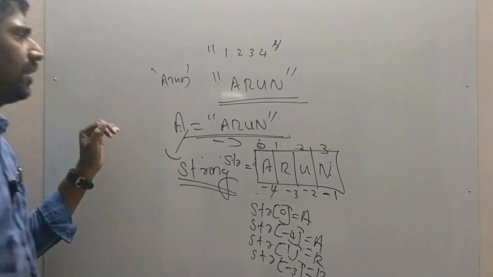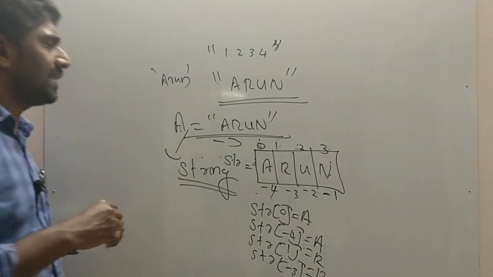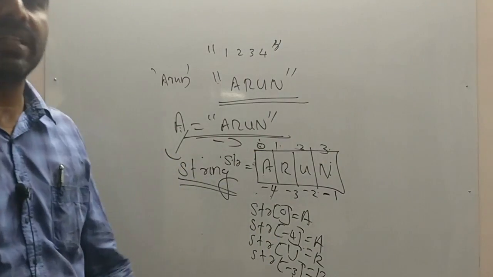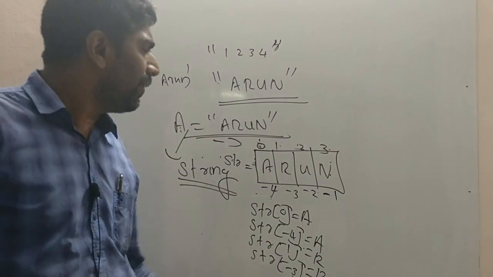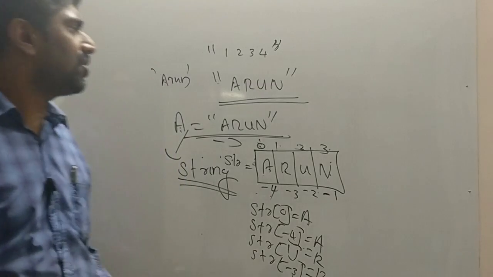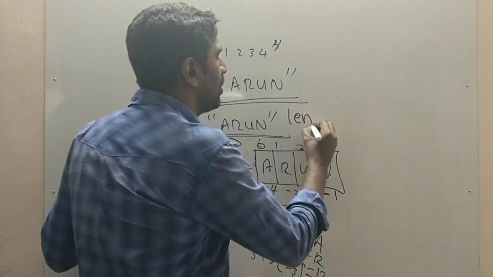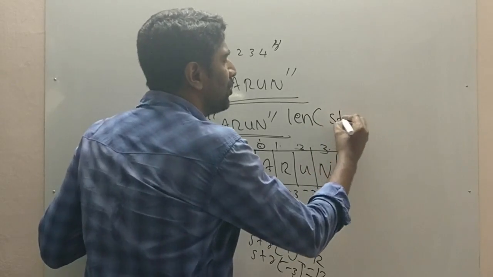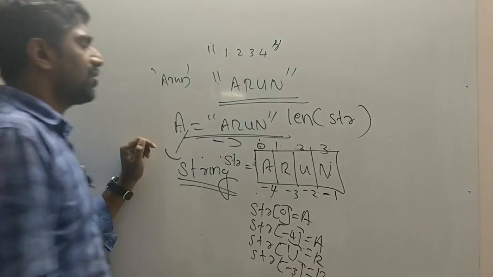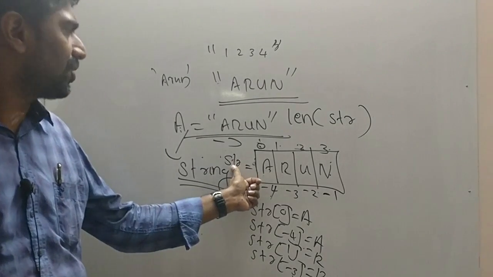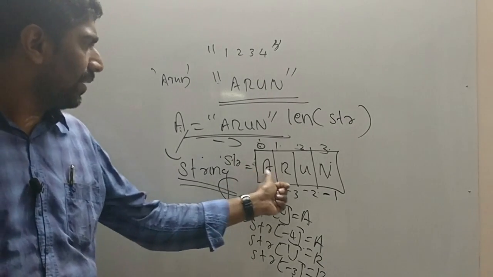One function also we will discuss now. For example, if you want to find the length of this string, we can use a function. That function is called the len function, len of str. Suppose our string is str, and str contains ARUN.